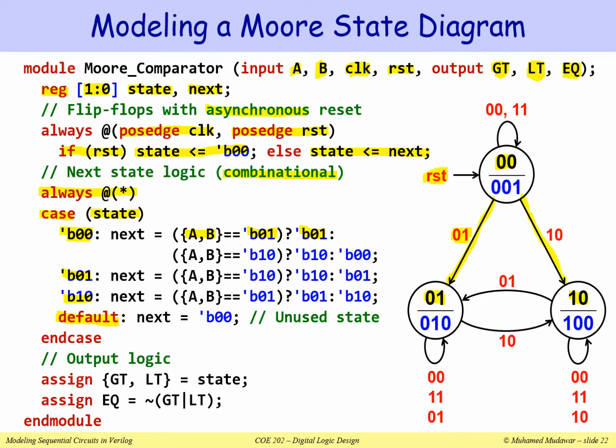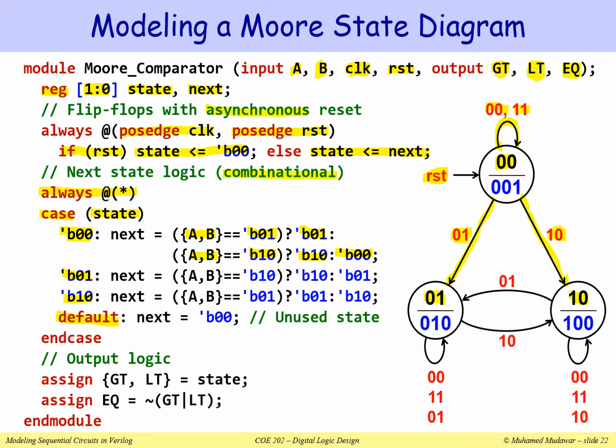So if AB is equal to 1, 0, then my next state will be 1, 0. Otherwise, if it is 0, 0 or 1, 1, I have to make a transition from 0, 0 back to itself. This is why I have to write here 0, 0. So I'm using here a conditional expression to describe my next state based on the present state as well as my inputs A and B.